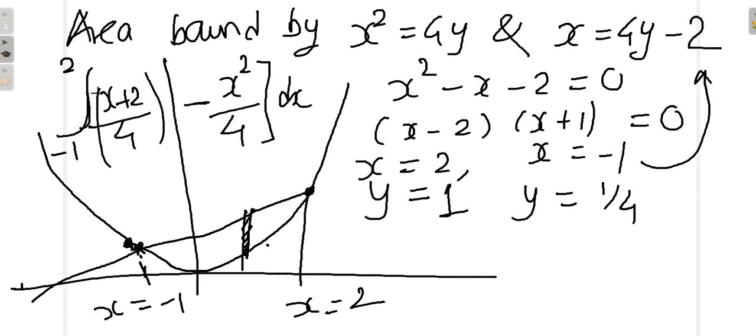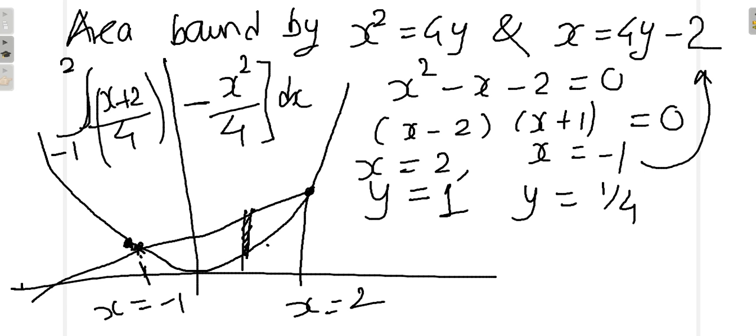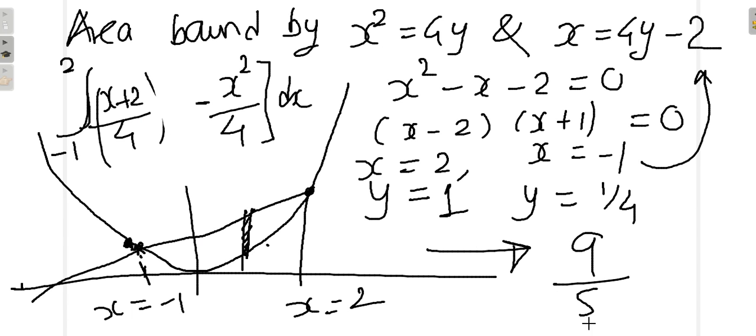Integrate this expression and you will get the answer. Answer for this problem is 9 by 8. Please check the answer.